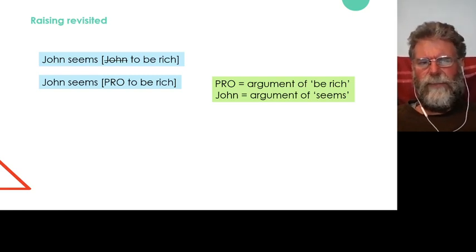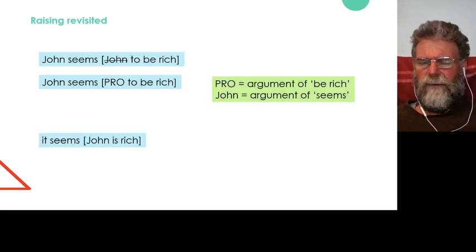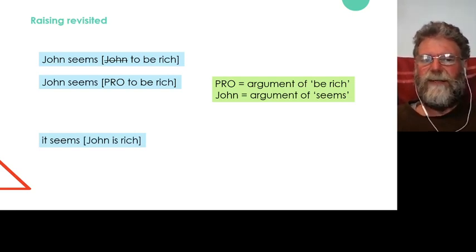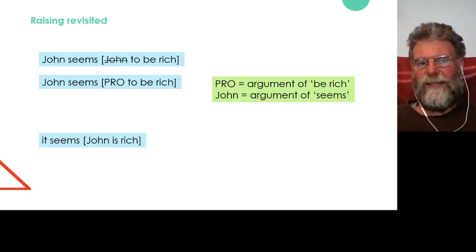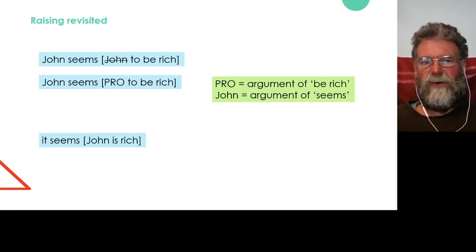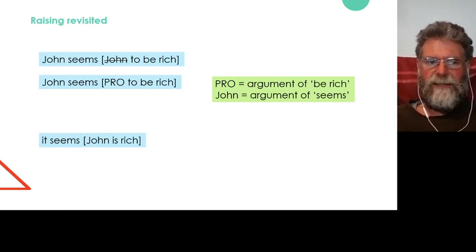And that it can't be right is indicated by the fact that under the right circumstances we can see that the verb seem doesn't have a subject of its own. It's one of these predicates that doesn't have its own subject argument. It only has an argument which is the clause that follows it. So in it seems that John is rich, what seems is John is rich, and that it is one of these pleonastic meaningless subjects.